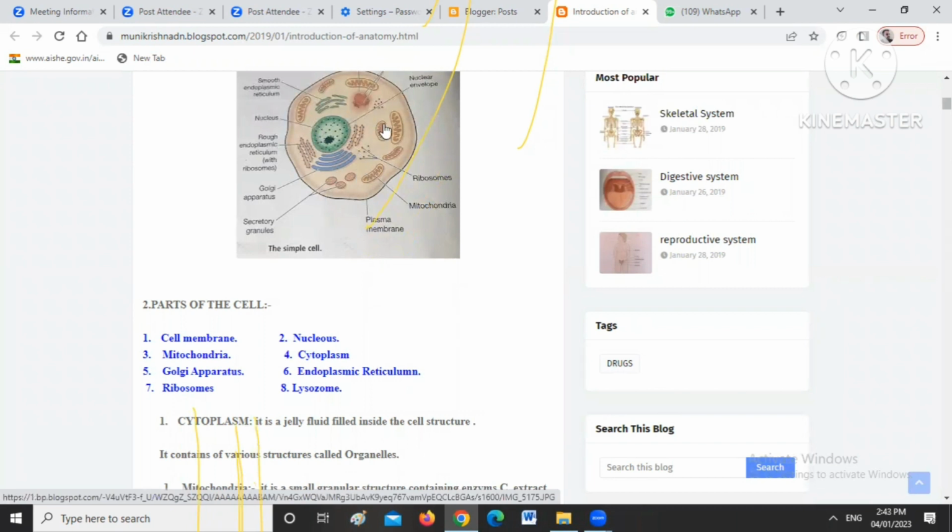What activities are going to happen just inside of this cell membrane? Why can't they go outside? These mitochondria cannot go outside. Why? Or any other organelles?